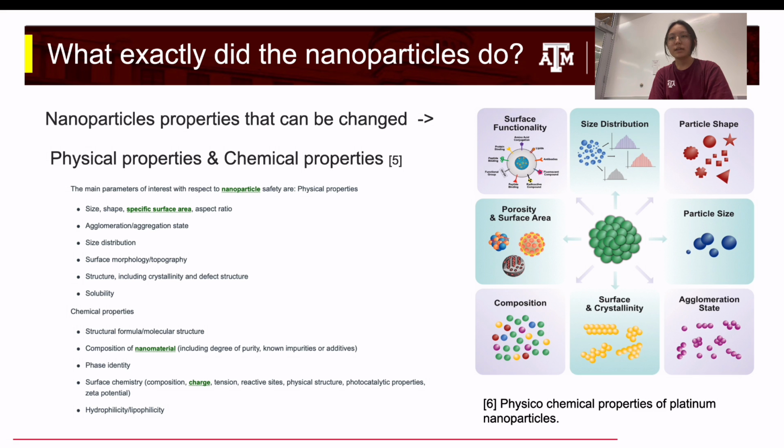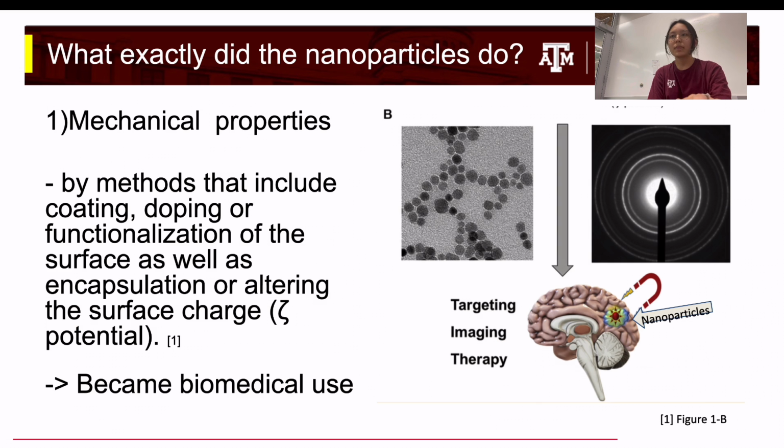They are divided into physical properties and chemical properties. In this research, they changed the properties by methods including coating, doping, and functionalization of the surface, encapsulation, or altering the surface charge.